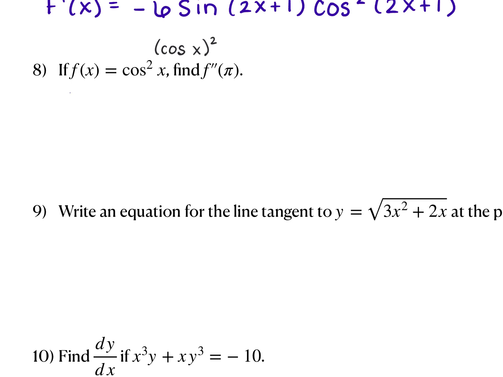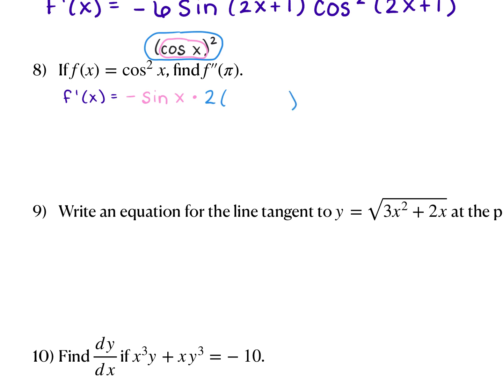Okay, so let's talk about the first derivative. The first derivative is going to start with my derivative of the cosine, which is negative sine, times, and then I'm going to go to the outer function, which is the square, and that's going to be 2 times whatever.